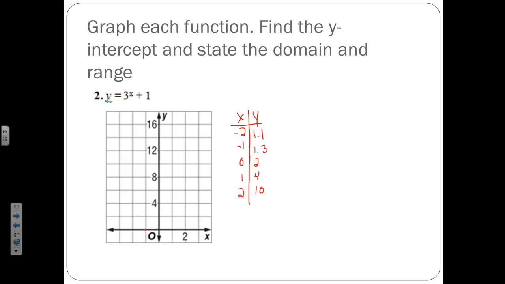I'm going to plot these points. Again, I'm going to connect them with the line.